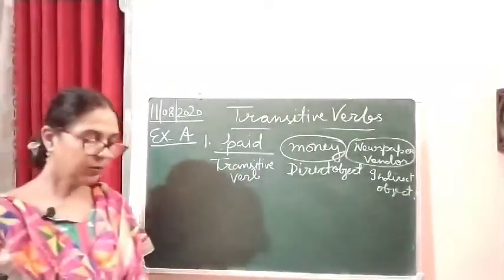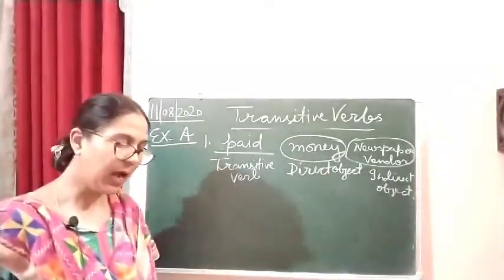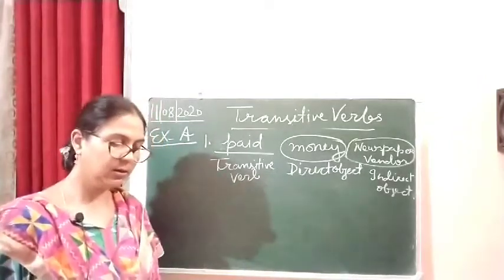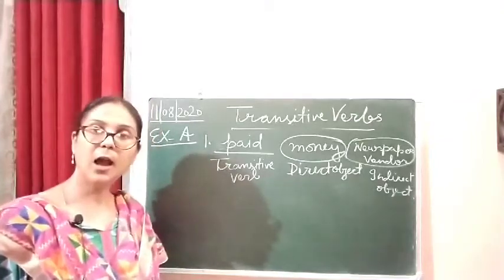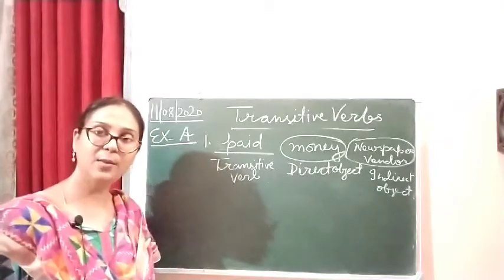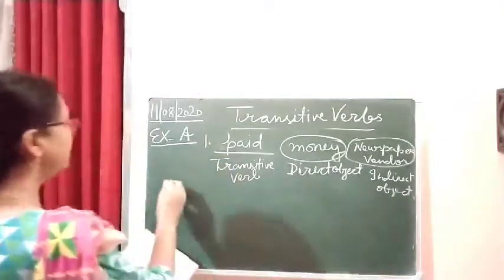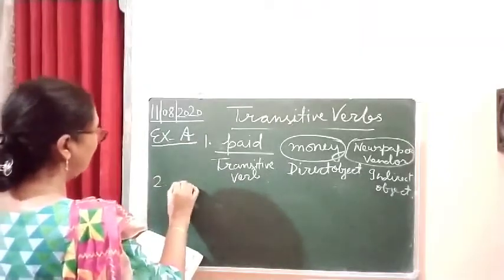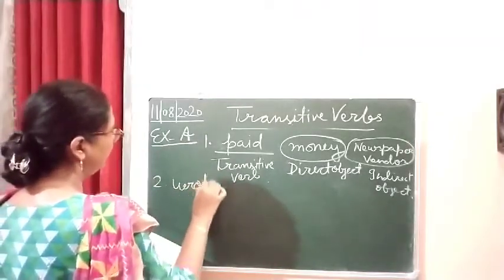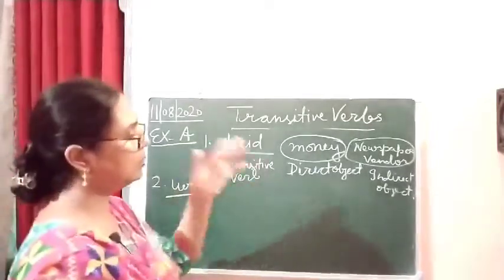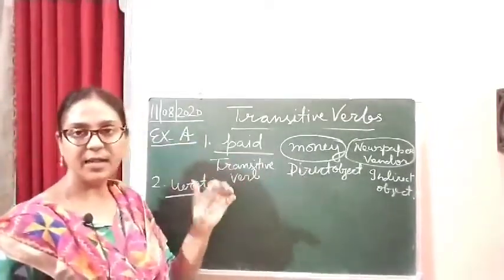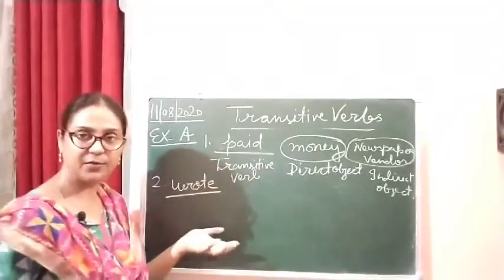Now we are moving to the second. I wrote a letter to my mother. Here you can see in the second, wrote is a verb because it is with objects; that is why it is called a transitive verb.